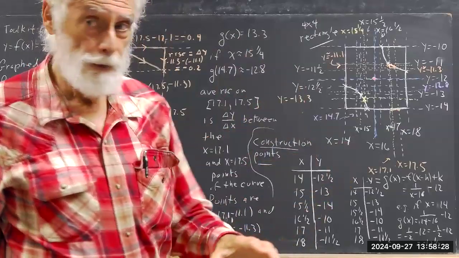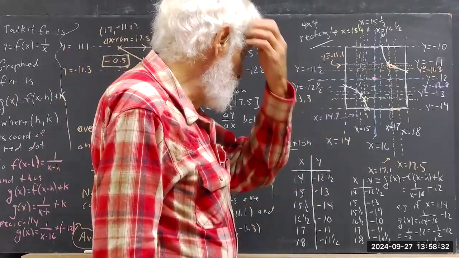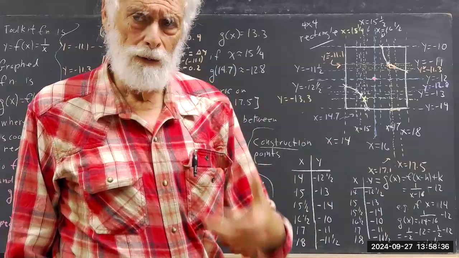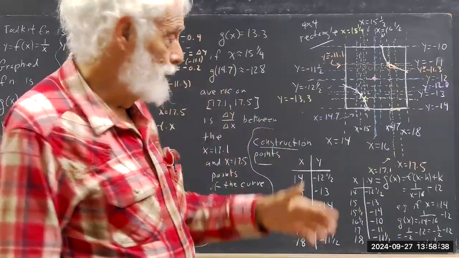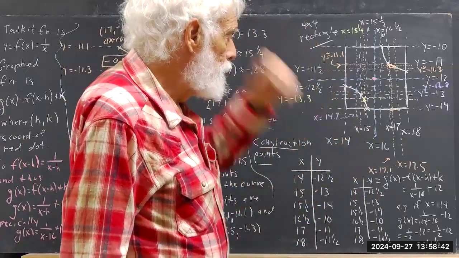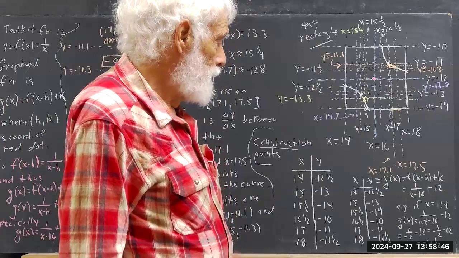Just put them in the right place so I can see what you've done. I know where to look, and I'll know if you've labeled them, what line corresponds to what value of x or y.